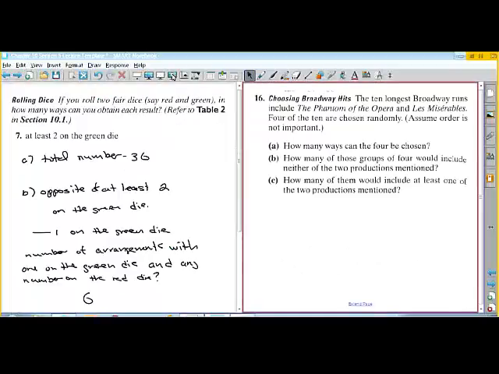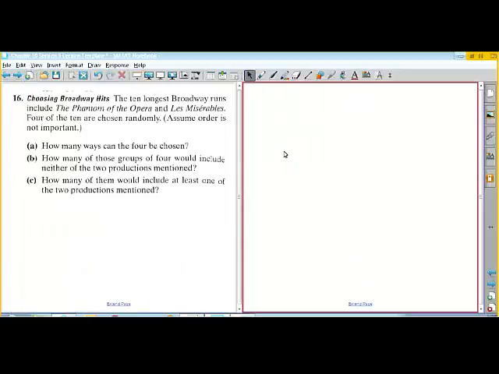So we can always use the fundamental counting principle. The question is, in this case, can we use either combinations or permutations to answer this? What are the requirements? What's the difference between combinations and permutations? Yeah, so for combinations, the order is not important.